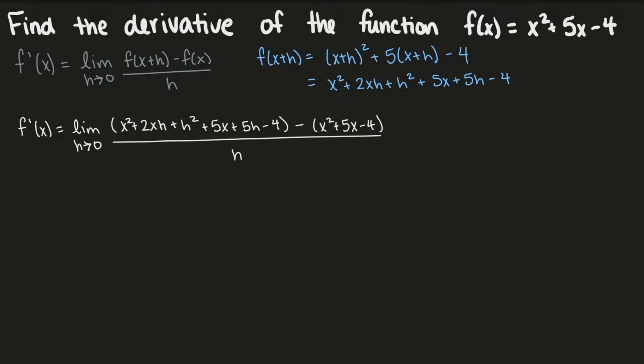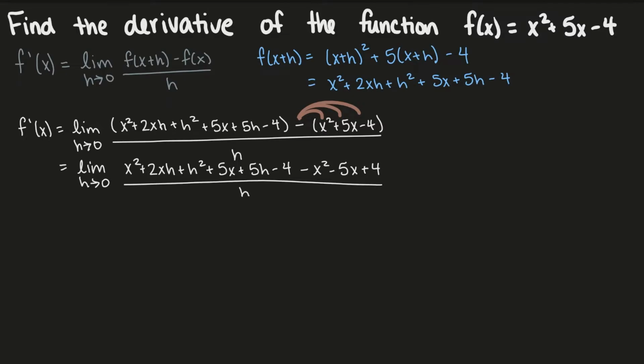Well, let's rewrite this and distribute that negative to our x squared, to our 5x, and to our -4. So this is going to give us the limit as h goes to 0 of x squared plus 2xh plus h squared plus 5x plus 5h minus 4 minus x squared minus 5x plus 4 all over h.